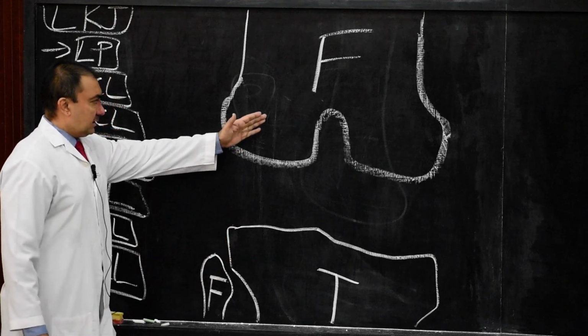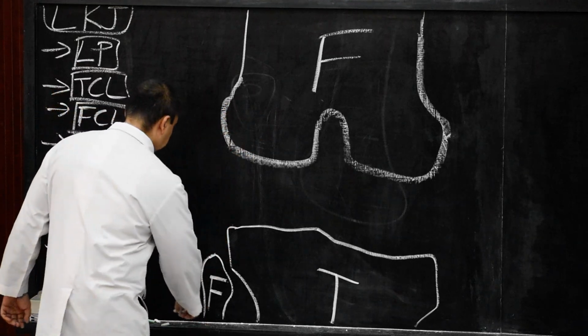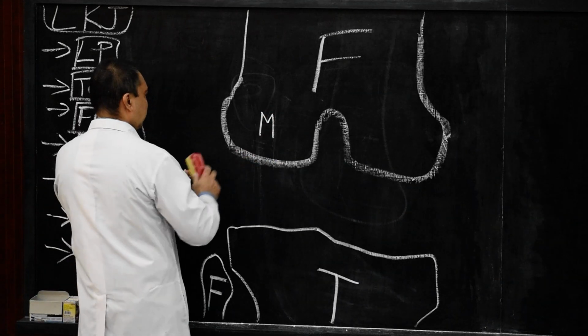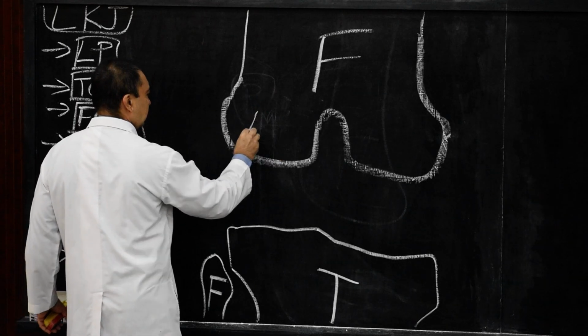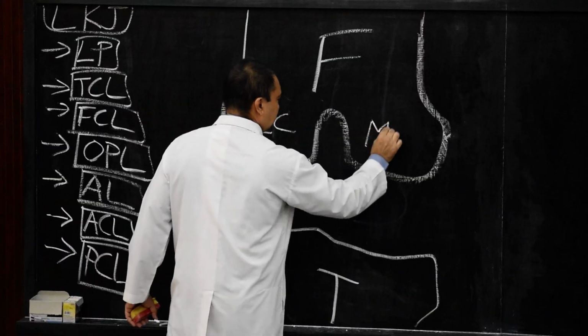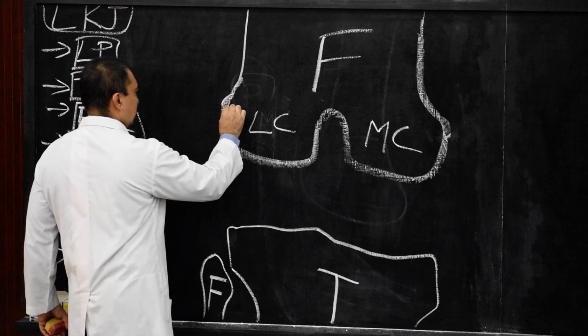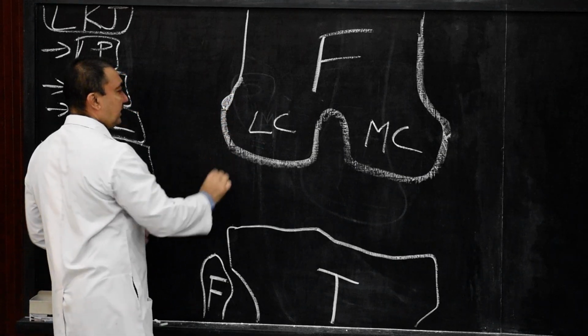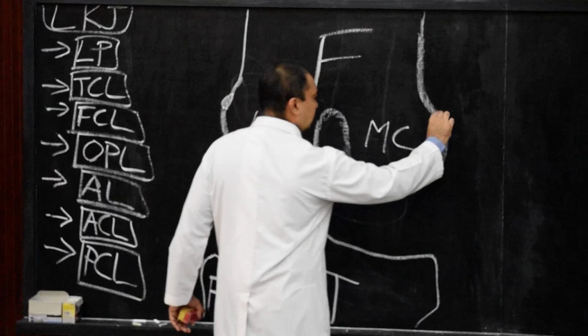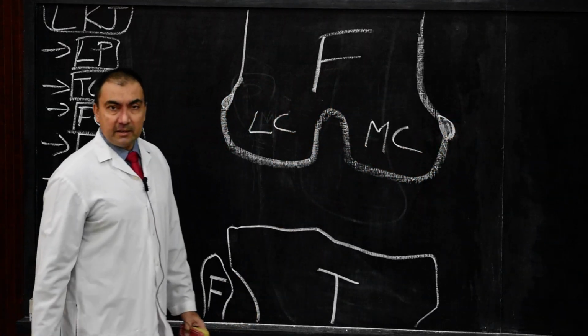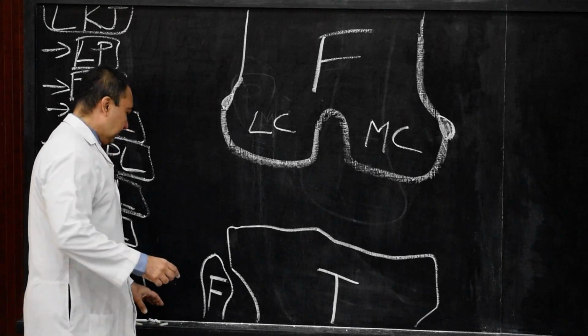Tibia, fibula, lower end. These are the condyles of the femur: the lateral condyle and medial condyle. Over here, this projection will be the lateral epicondyle, and over here, this projection will be the medial epicondyle of the femur.